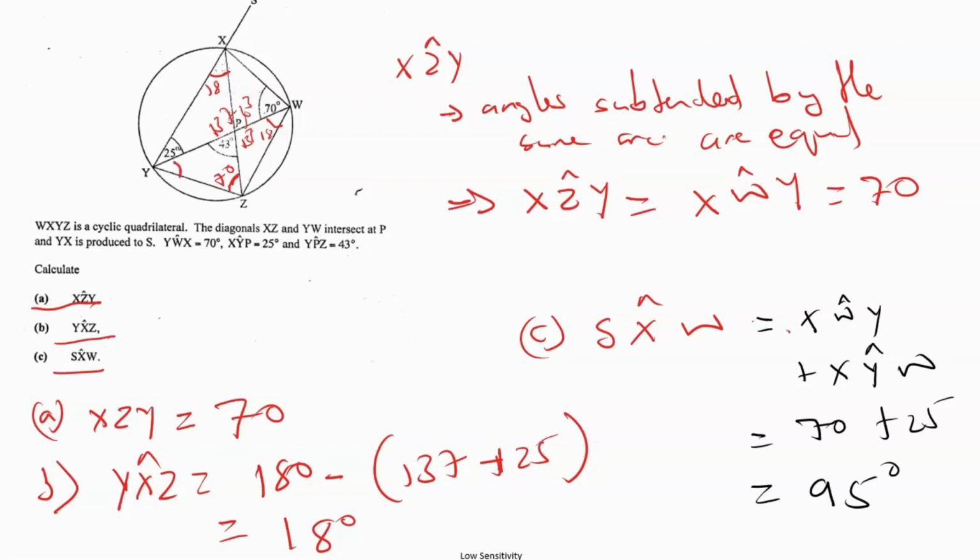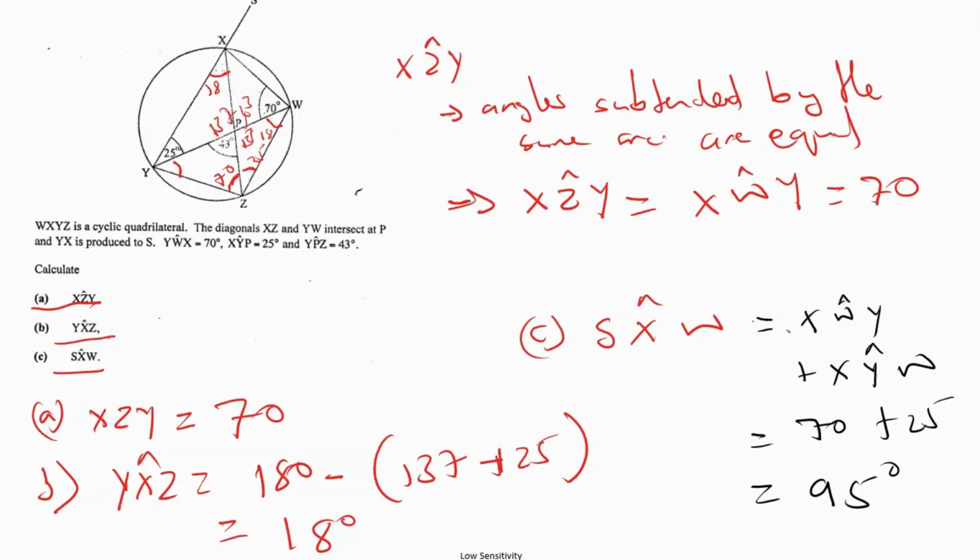So now we know that. How do we find this one? It is the same as 180 minus 70 minus 43. The same way here, we know that XYW is the same as XZW, so this is also 25. So we have 137, 18, 25 with 25 there, and now 43 and 17.